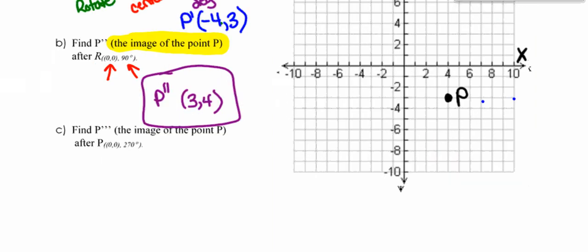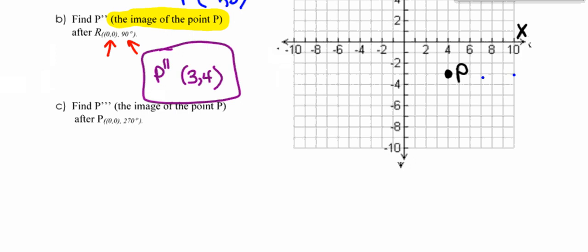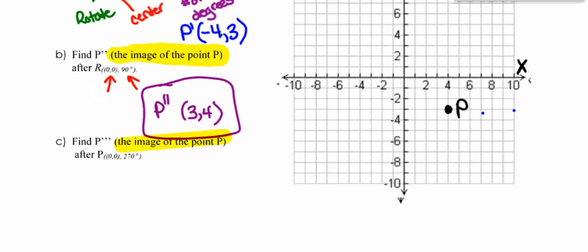This time I want to find point P triple prime, which is also the image of point P. So again, it's important to notice here that point P is my pre-image, my starting point. I'm not going to use P prime or P double prime, but I'm going to go right back to that original point P. This time I want to rotate again using the origin as the center, but I want to go a positive 270 degrees.